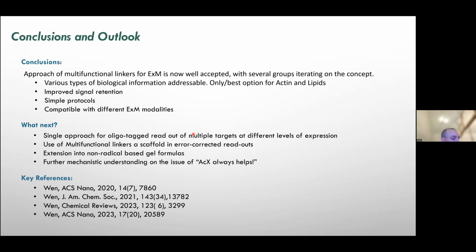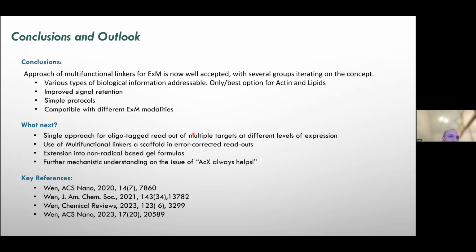So, concluding, over the past 5 years, we've shown that we can address a lot of biological information by simply using multifunctional linkers. It's currently the best option for actin and lipids staining in expansion microscopy. We show that they have improved signal retention versus the other methods out there, regular antibody staining.